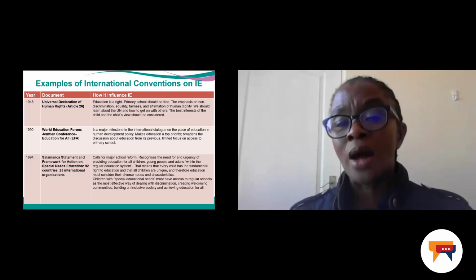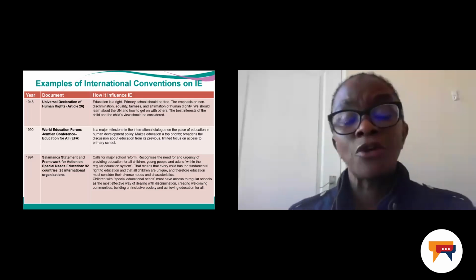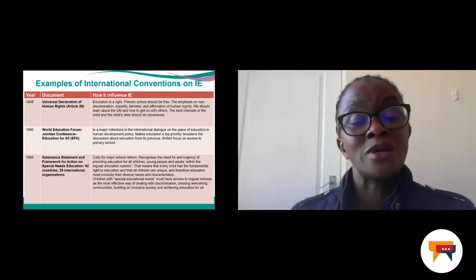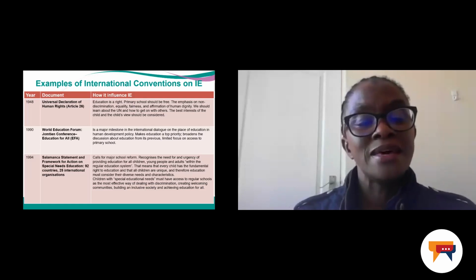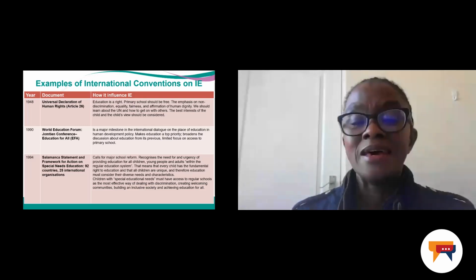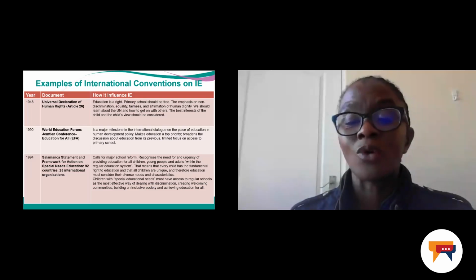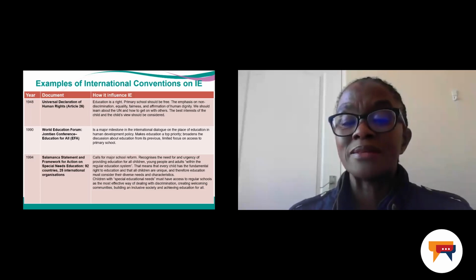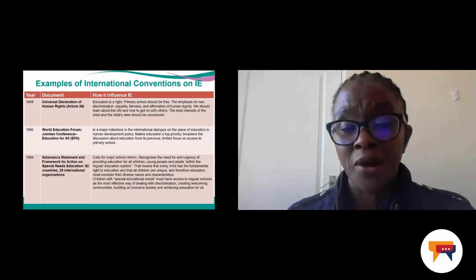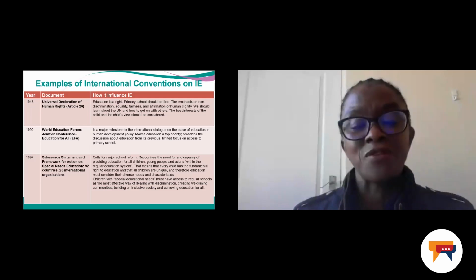The other one is the World Education Forum, which was held at a Johnson Conference, Education for All. It represents the major milestones of the international dialogue on the place of human rights and development. It makes education a top priority. The other one is the Salamanca Statement and Framework for Action, a conference of 92 countries.